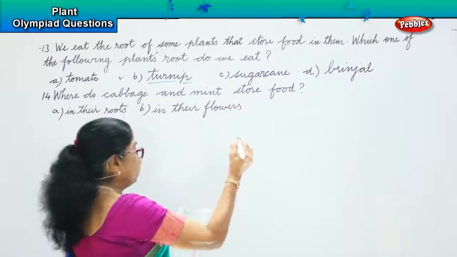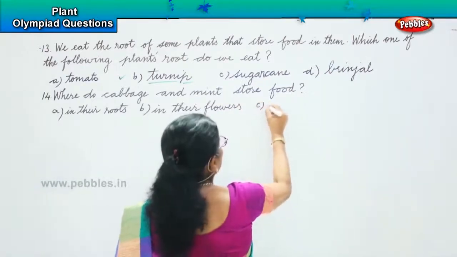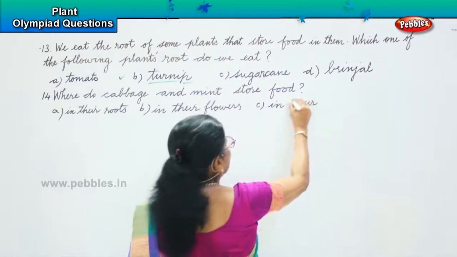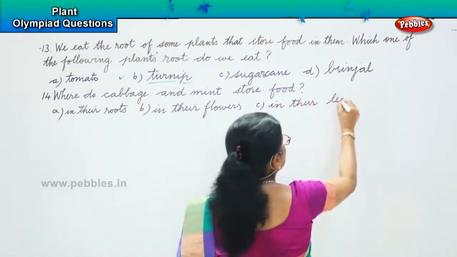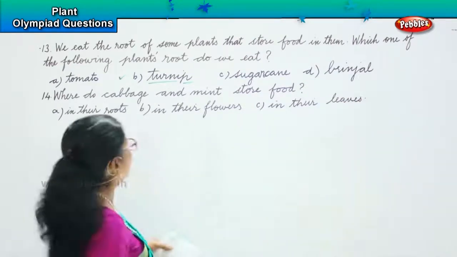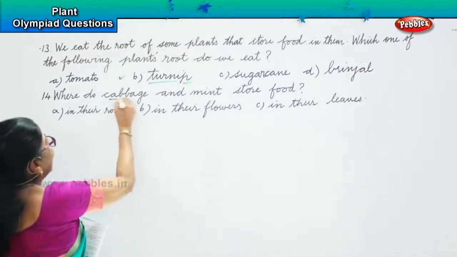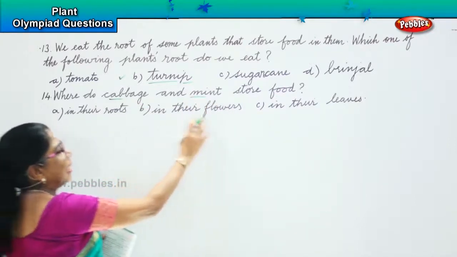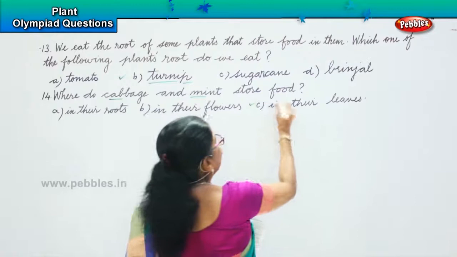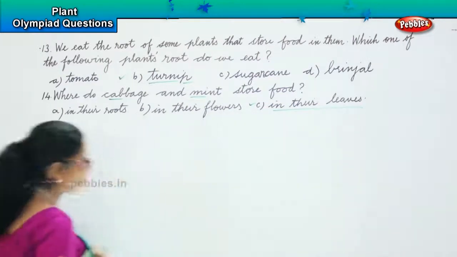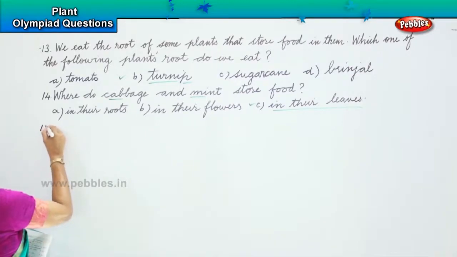Option C, in their leaves. So you have three options to choose from. The question is, where do cabbage and mint store food? Cabbage and mint store food in their leaves. That's the answer.